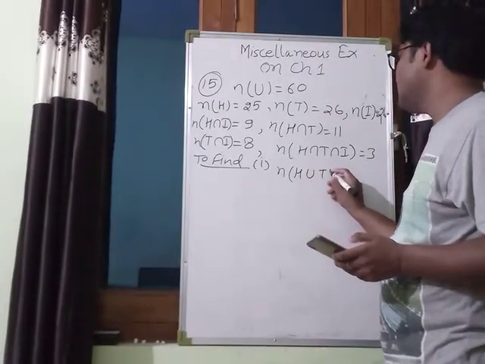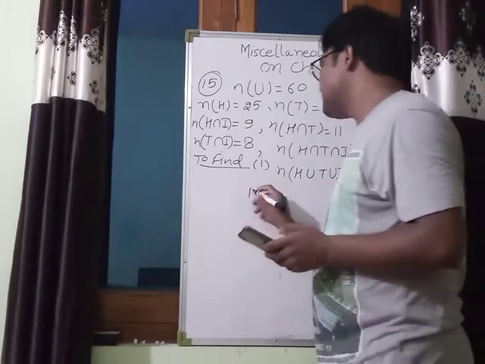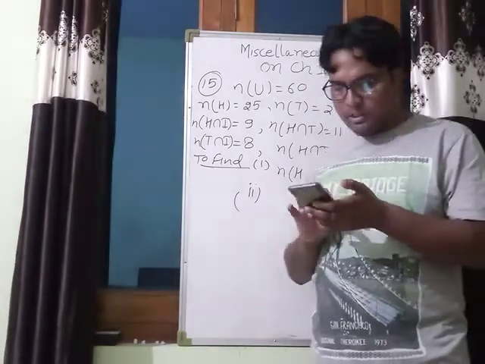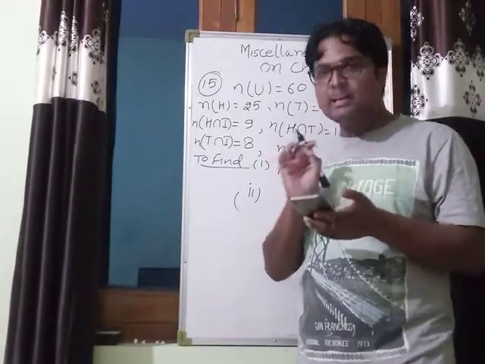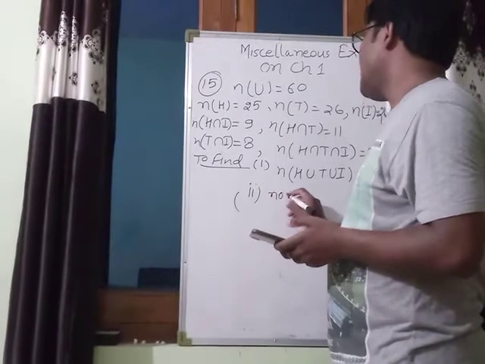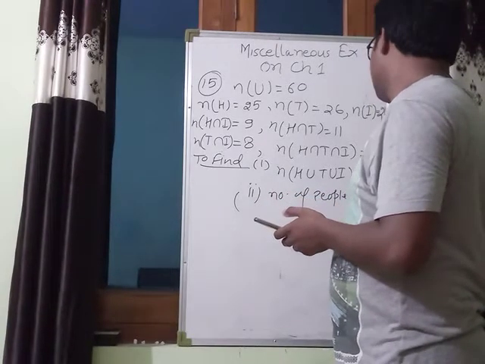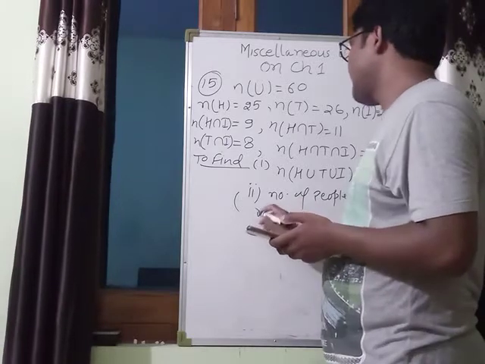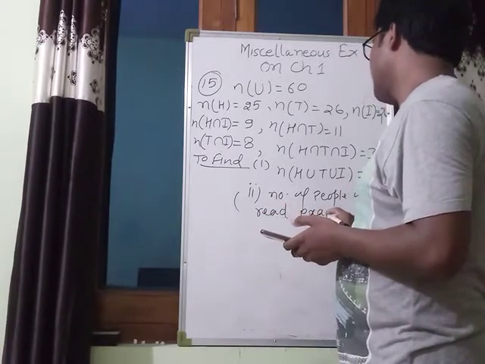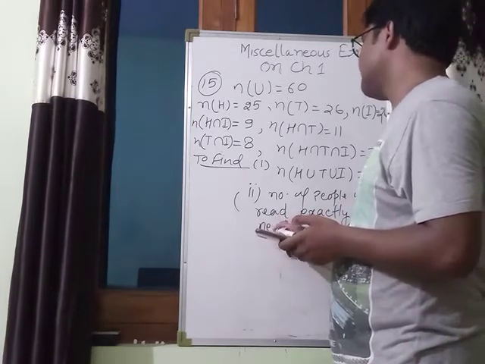H union T union I. And second, we have to find the number of people who read exactly one newspaper.